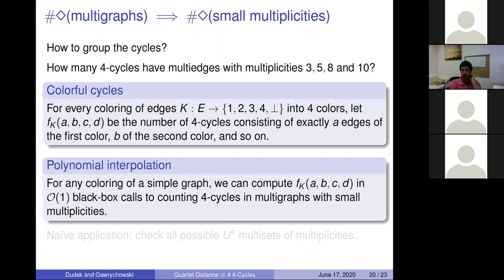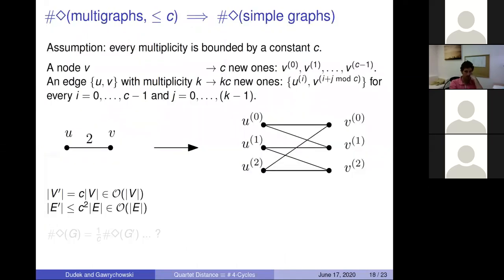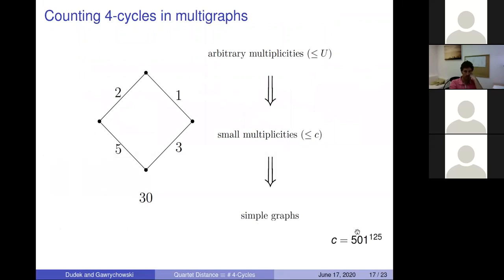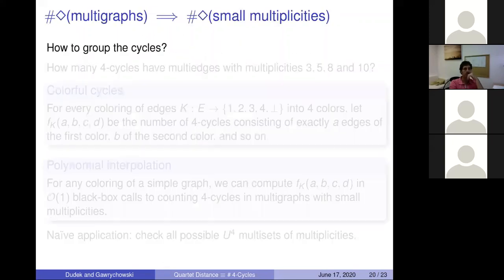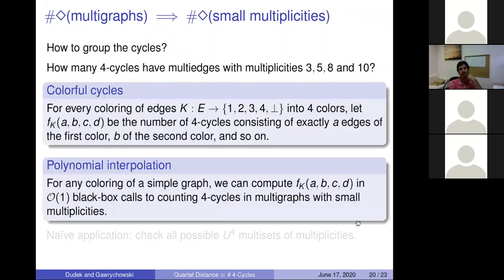This defines a polynomial and you interpolate back the polynomial. Unfortunately, the constant becomes quite large. It was shown on one of the previous slides. The constant is shown here. Yes, it's not small, but we didn't try to optimize. Okay. So this is an idea how to compute this F_K(A, B, C, D) when you know the multiplicities.